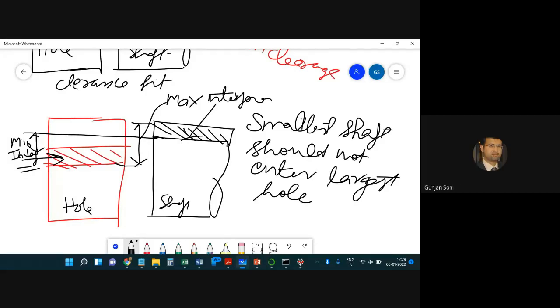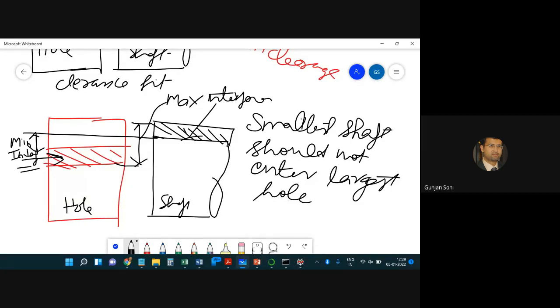See, what I have shown over here is a very exaggerated figure. It's not like the diameter of your hole is 60 and your shaft diameter will become 65 mm. These tolerance zones are in microns. Getting it?